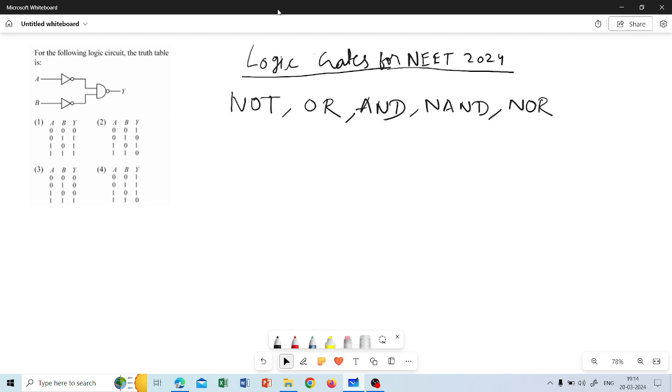Consider that in digital systems, the binary number system is followed. Binary means base 2 number system, like decimal is base 10, but binary is base 2, that is only two numbers 0 and 1 are there.